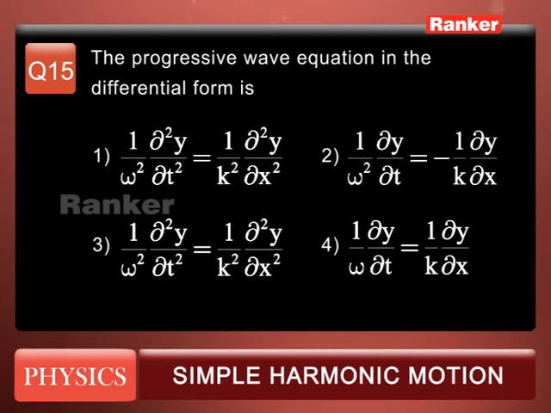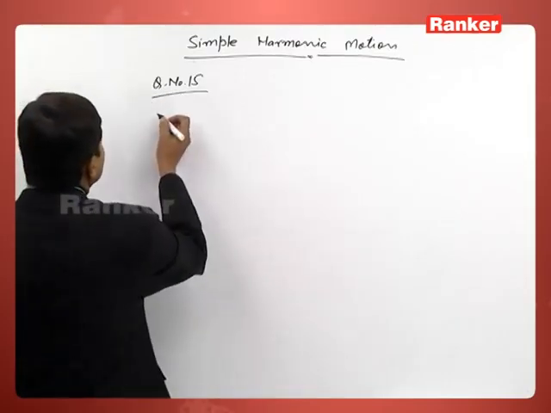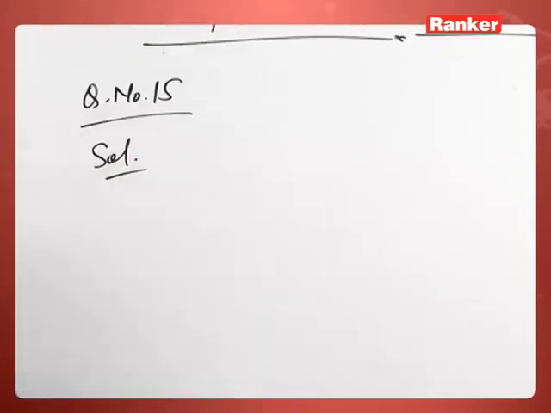Third option, 1 by omega square d2y by dt square is equal to 1 by k square d2y by dx square. And the fourth option, 1 by omega dy by dt is equal to 1 by k dy by dx. See, progressive wave equation.